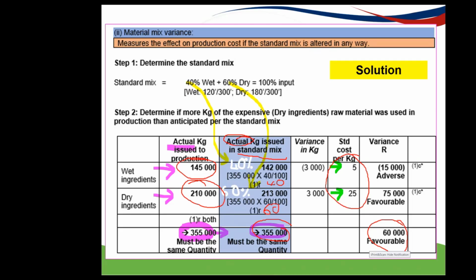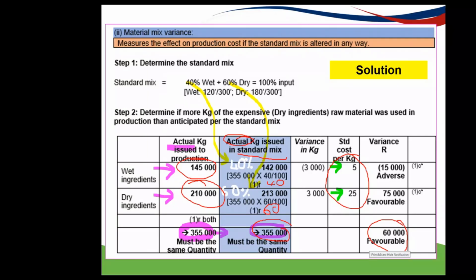Right, ma'am? Yes. So I'm thinking here that this is not a price variance as such, and the value that we are using here is the standard price, not the actual price. So I'm supposed to be concentrating more on the quantities to determine whether this is favorable or adverse.